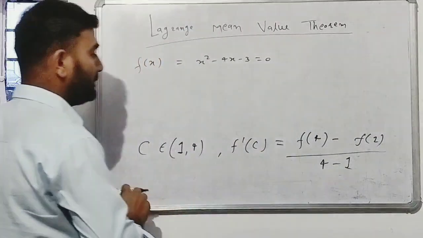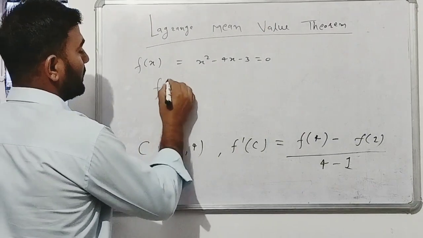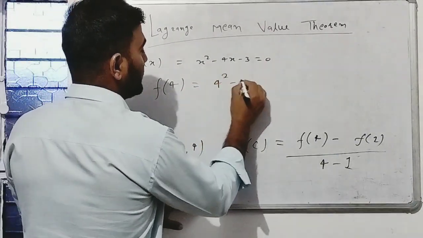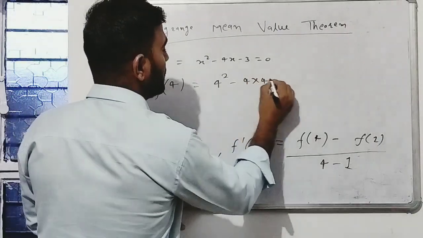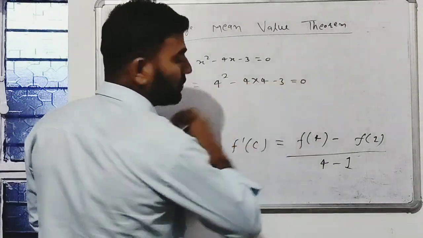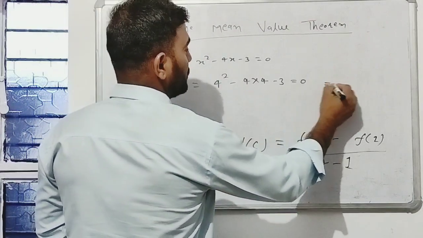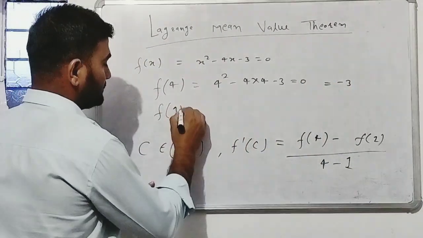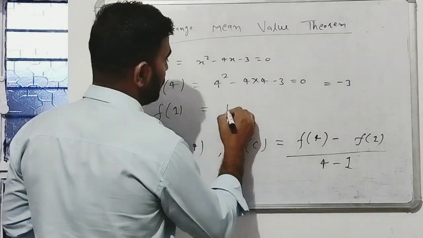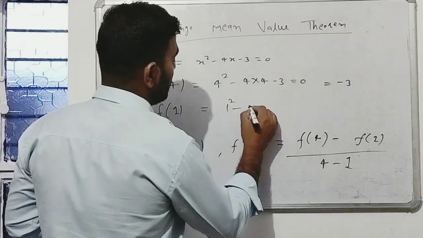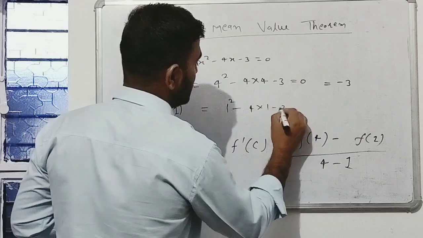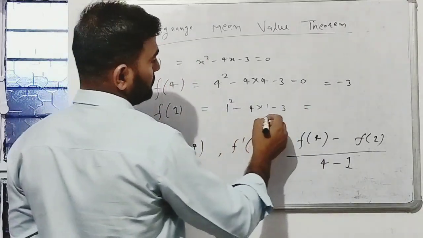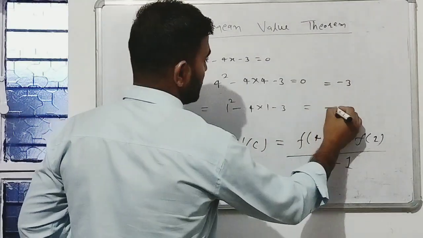If we calculate f of b, f4 will be equal to 4 square minus 4 into 4 minus 3, that is equal to minus 3. And if you calculate f1, that will be equal to 1 minus 4 into 1 minus 3, that is equal to minus 6.